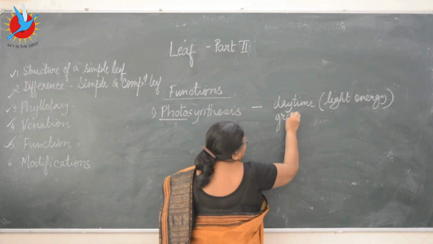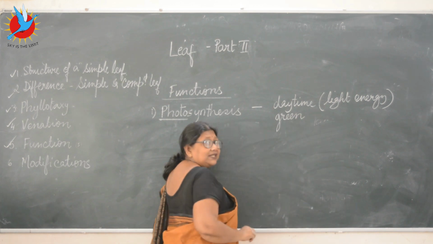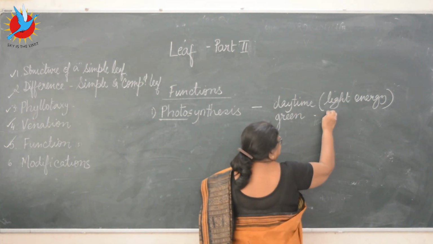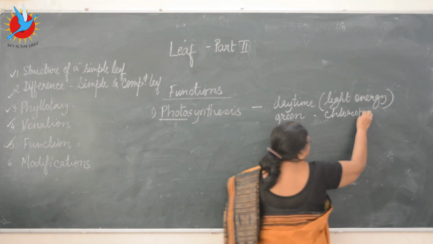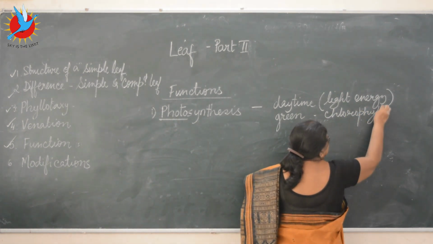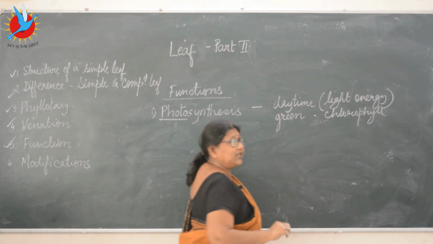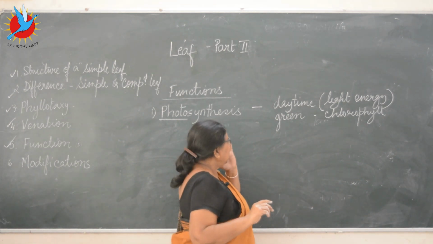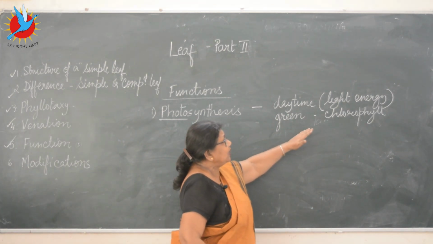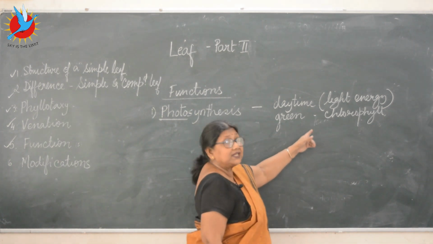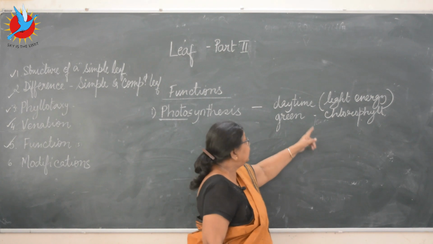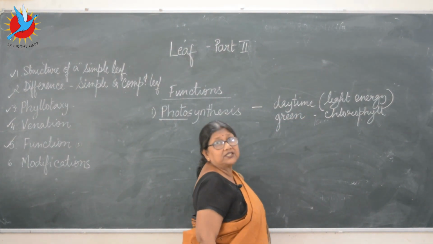The green ones. What do the green ones contain? Chlorophyll. This is a pigment in the plant cell. You will study in detail later on. The green color is due to the one pigment present in the cell, that's called chlorophyll. And this chlorophyll is very important because it absorbs the light energy.